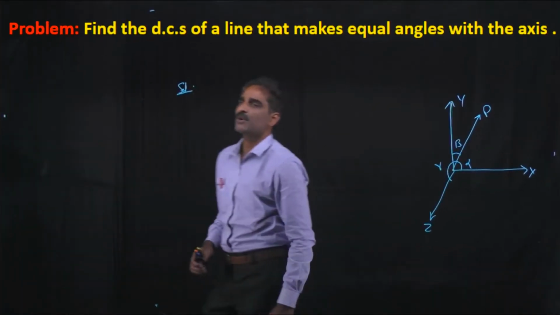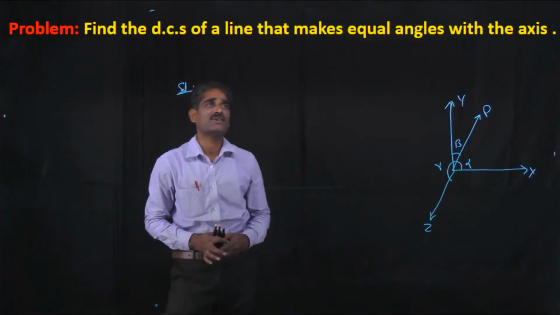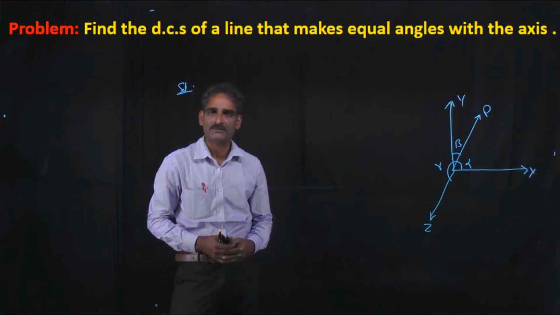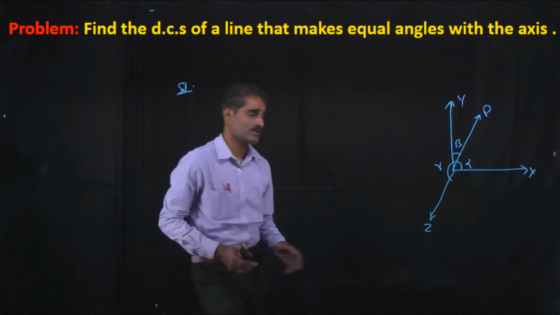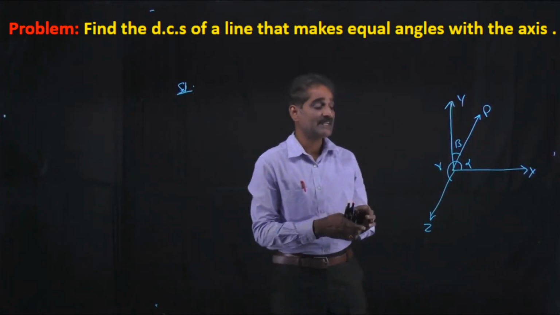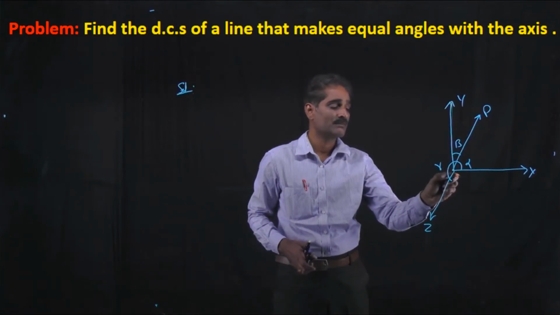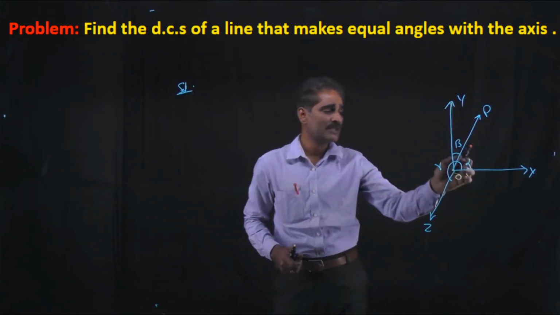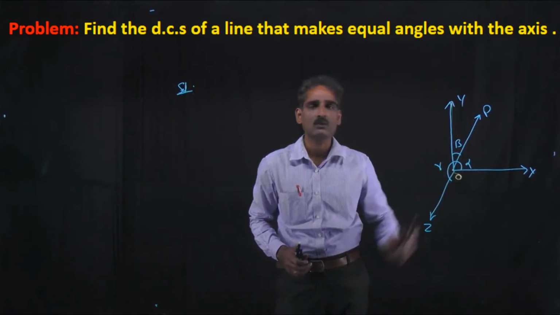See this problem. Find the DCs of a line which makes equal angles with the coordinate axes. Suppose we consider the coordinate axes, x-axis, y-axis, z-axis, intersecting at the origin. Let OP be a ray. Suppose it makes angles alpha, beta, gamma with the coordinate axes.